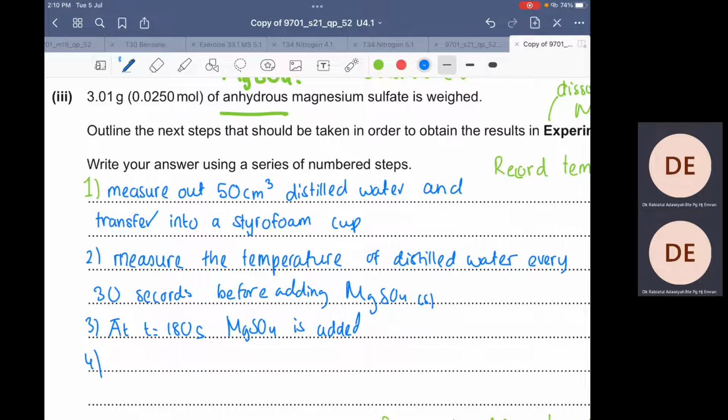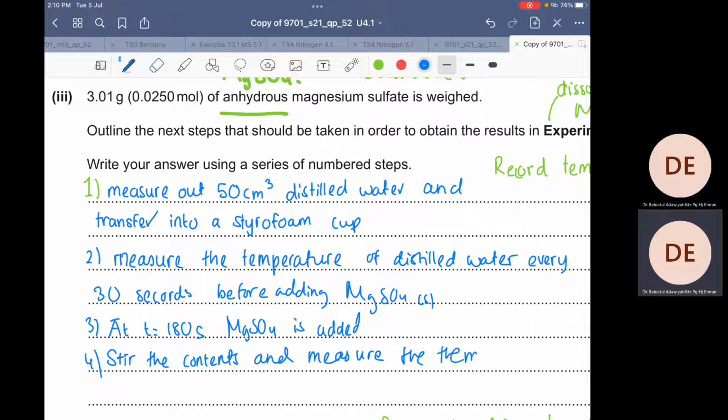Okay, then you continue to measure the temperature, but how do you make sure that the heat is being distributed throughout the solution? You stir, okay? So stir the contents and measure the temperature at the same interval, okay?